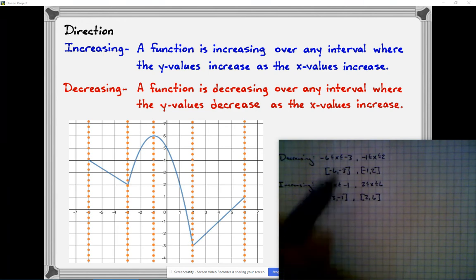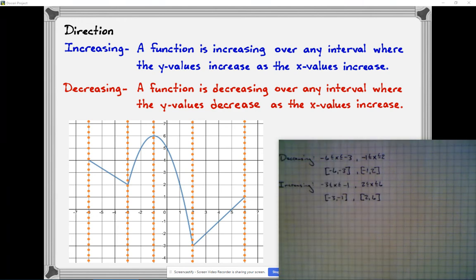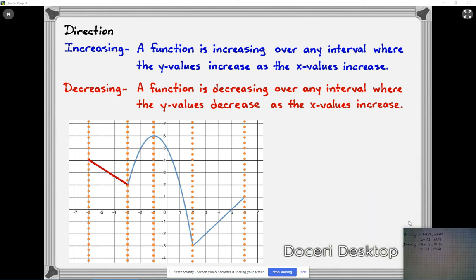We always answer in terms of x because it says it is an interval. An interval is x values. Okay? All right, so that's my example. You should be writing that down, making sure you have that correct in your notebook. Okay? And I think I add more to it.